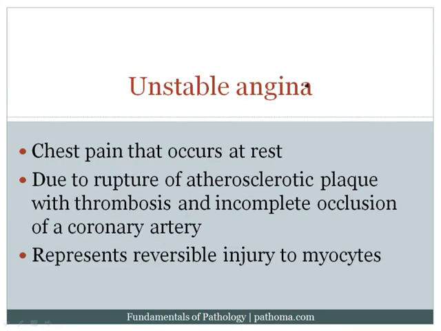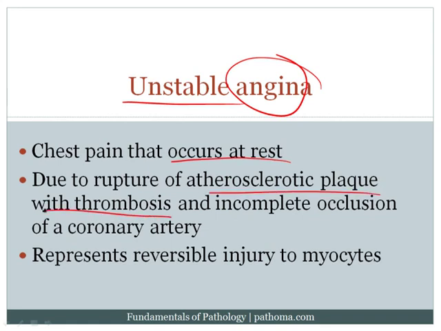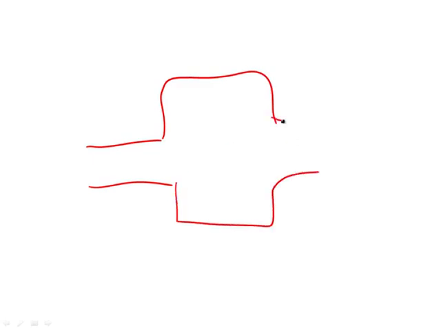Unstable angina is chest pain that's reversible, but it's unstable, i.e. it occurs at rest, and this is due to rupture of the atherosclerotic plaque with thrombosis, but an incomplete occlusion of a coronary artery, high yield, incomplete occlusion. Here's the idea. You've got a coronary artery going into the myocardium, and this coronary artery has atherosclerosis.